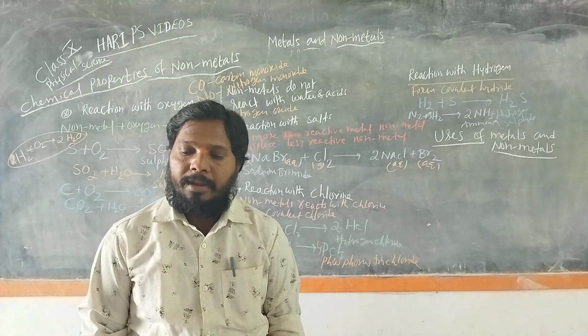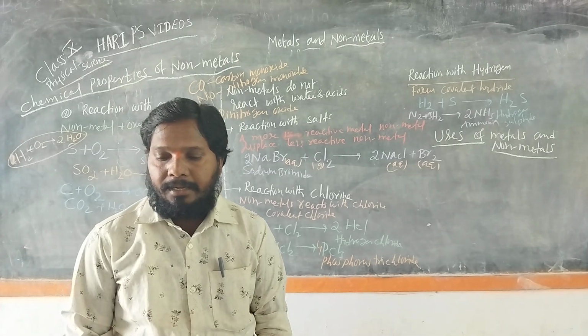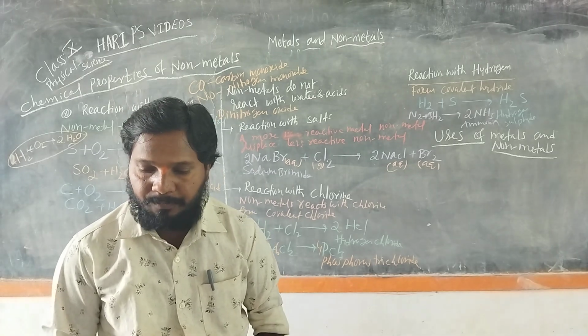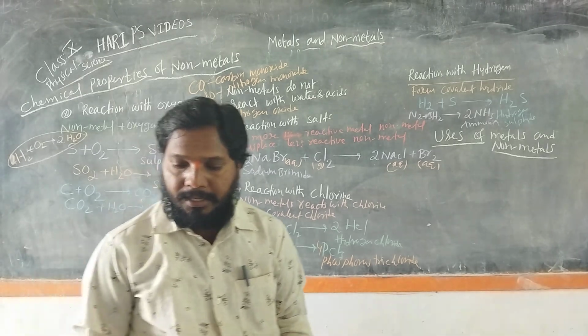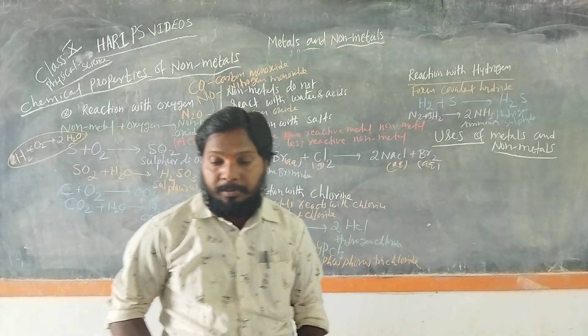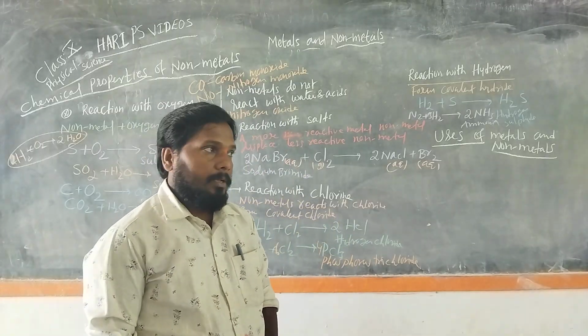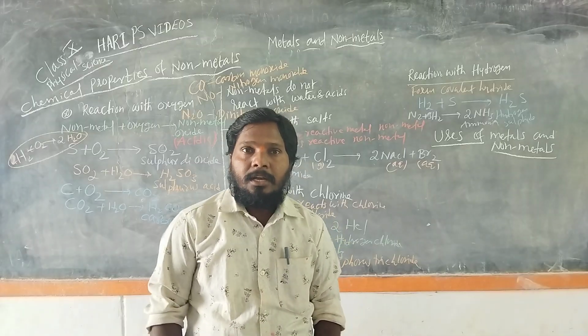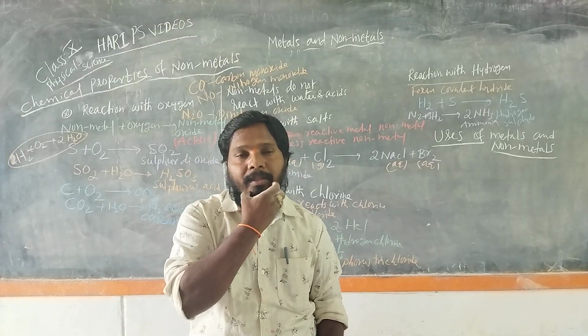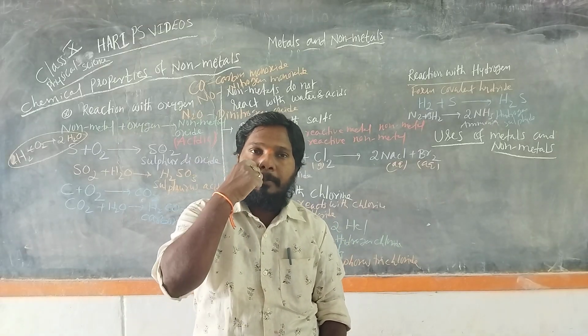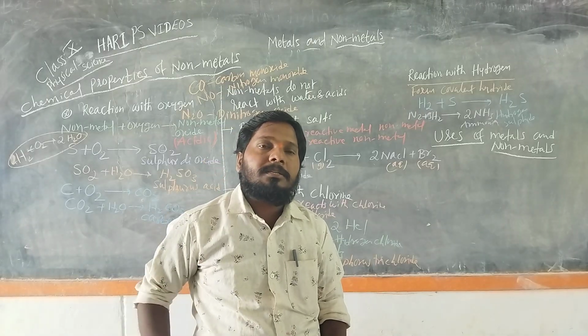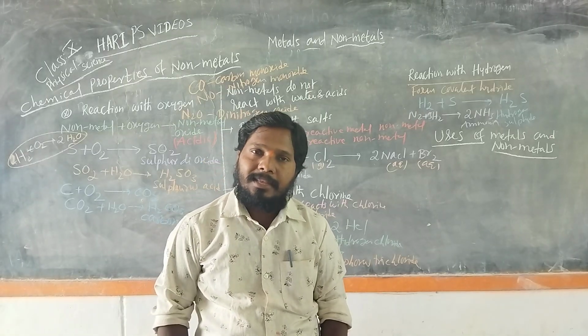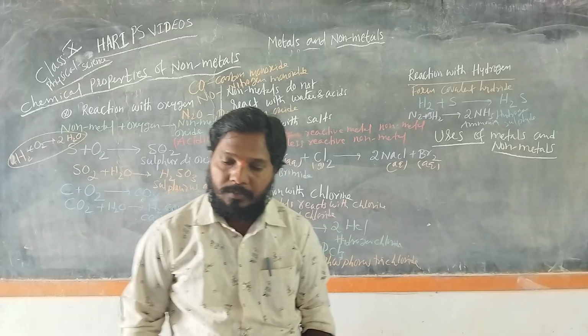Nitrogen is used in the manufacture of ammonia, nitric acid and fertilizers. Due to its inertness, nitrogen is used in preserving food materials to avoid rancidity. So the chips are filled in a packet, and in that packet nitrogen gas is filled to avoid rancidity, the spoiling of food.